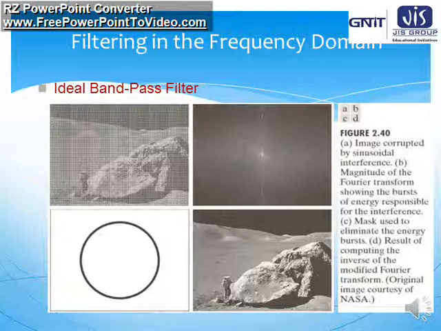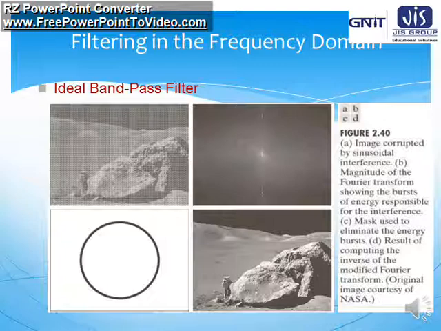Here we can see another example of filtering in the frequency domain, where an ideal band pass filter, or IBPF, has been used. Here the first image has been corrupted. Lots of horizontal and vertical lines are there, which makes the image very unclear and noisy.